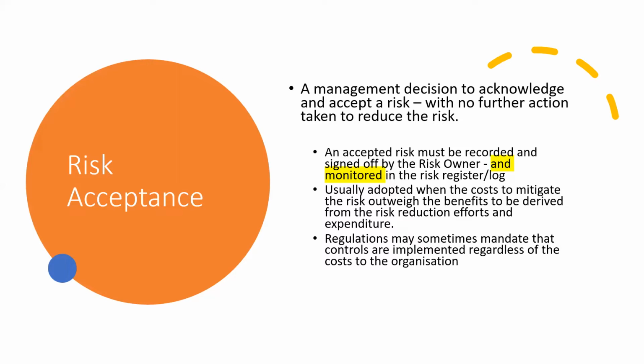Regulations may sometimes actually mandate that controls are implemented regardless of the cost to an organization, where the board has taken the view that the costs to mitigate the risk outweigh the benefits to be derived from the risk reduction efforts. If regulators come in and say, okay, these controls need to be implemented across the sector or within this company, regardless of the cost, then we have to do exactly that.